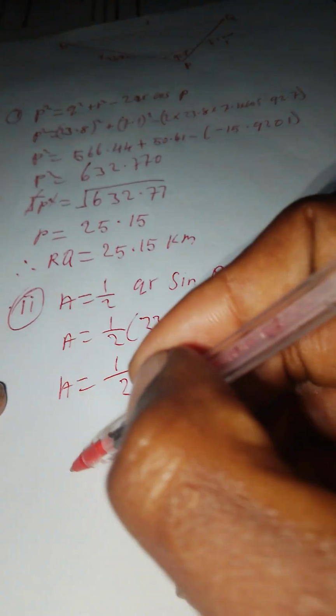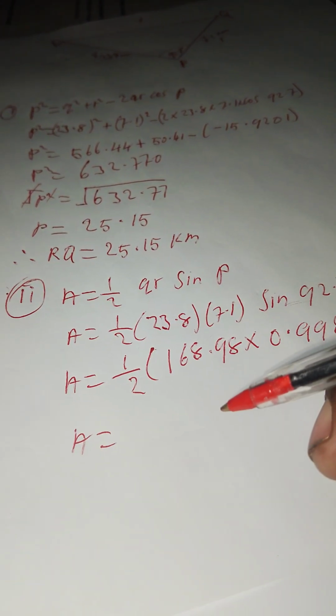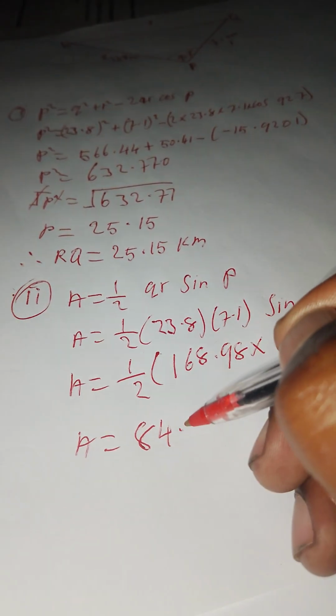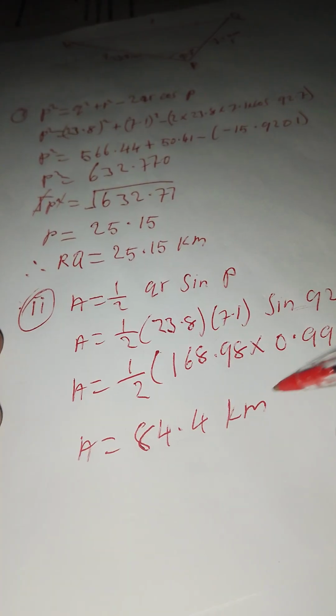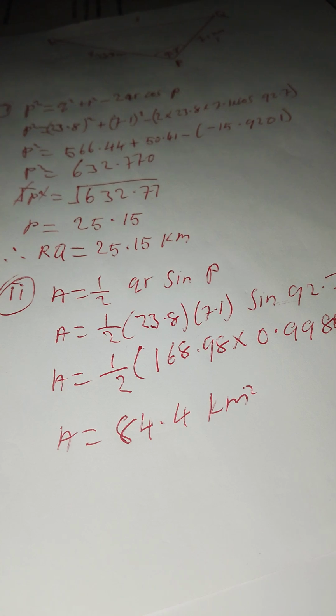Punch this on your calculator. You're going to find that the area is equal to 84.4 kilometer square. So this is the area that we are looking for.